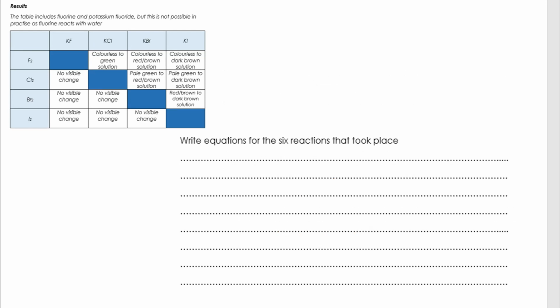So let's take a look at the first one. I'm going to go through sequentially, F2 with KCl. Well, if we're talking about the halogen kicking out another halogen, we get this straightforward displacement reaction that was discussed at GCSE. F2 and 2KCl go to 2KF and Cl2.